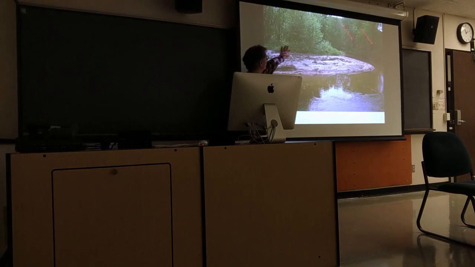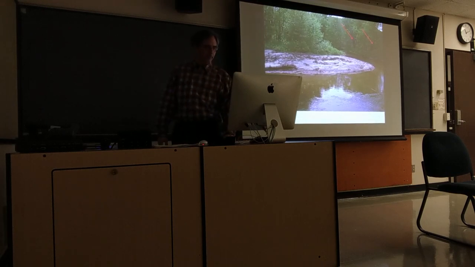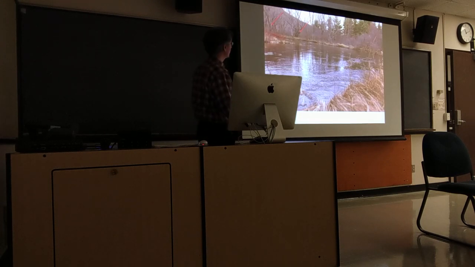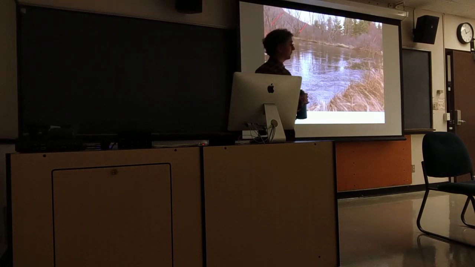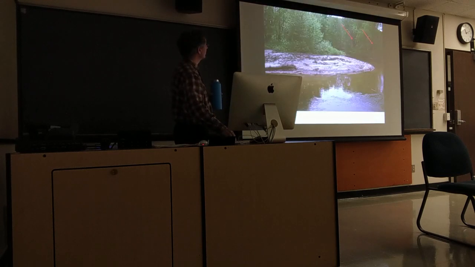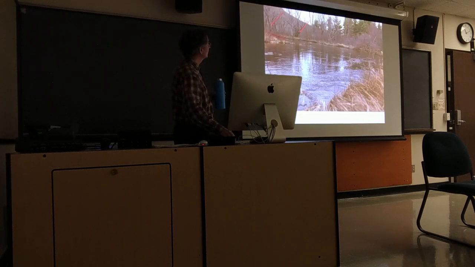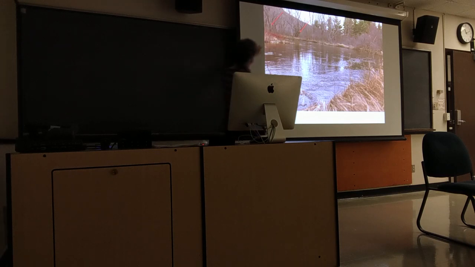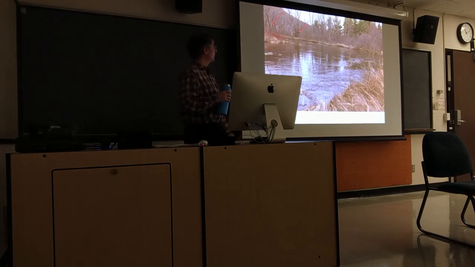And here we are at a higher flow in a different season. I've got the red arrows pointing to the two trees that are the same in each photo. And here you can see still that stemmy vegetation, although that sandy part of the point bar is submerged.